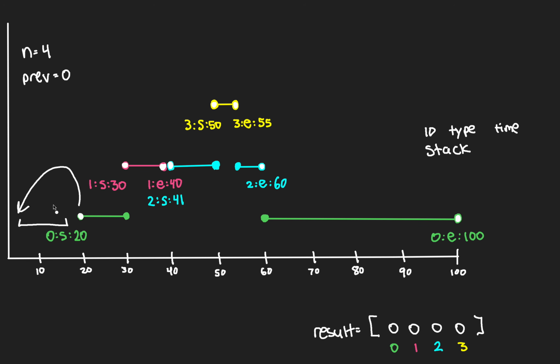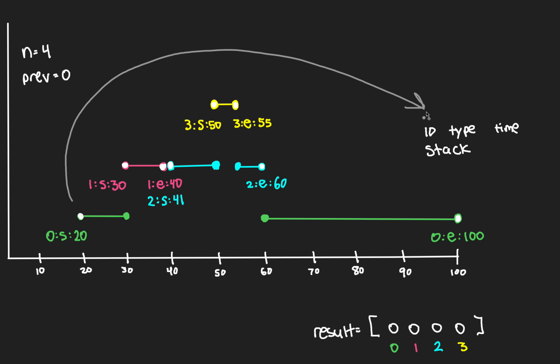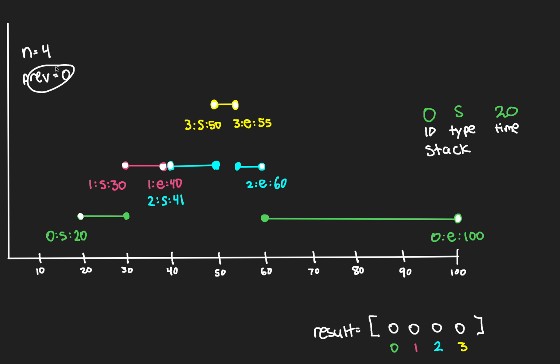We know this to be true because our stack is empty. There aren't any logs yet. All we'll do for this iteration is add this log's metadata onto our stack: an ID of 0, a type of start, S for start, and a timestamp of 20. Lastly, don't forget to update the previous variable to 20.